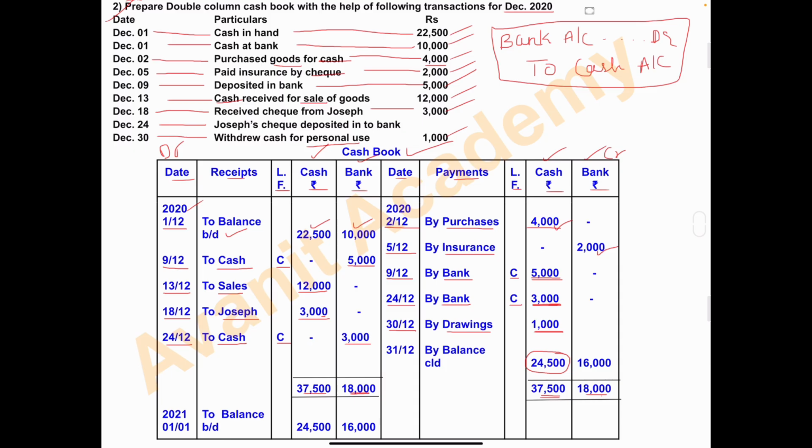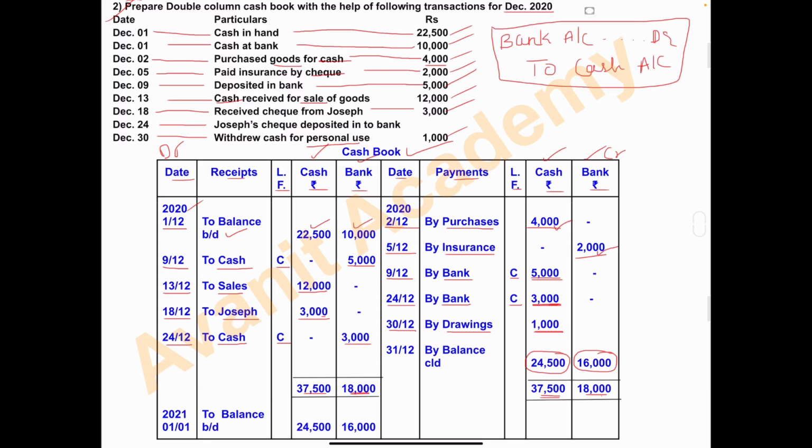Now calculate the bank column. 18,000 minus 2,000, there is a single amount. So the difference is 16,000. Cash column difference is 24,500 and bank column difference amount is 16,000.